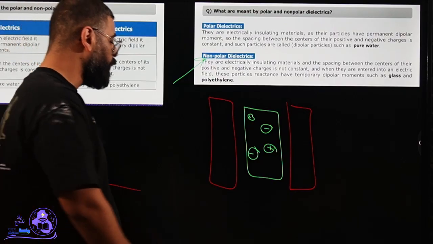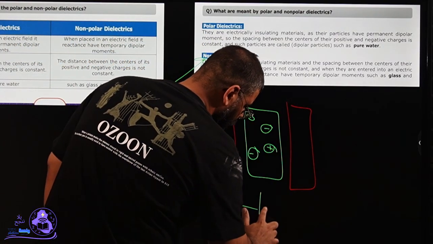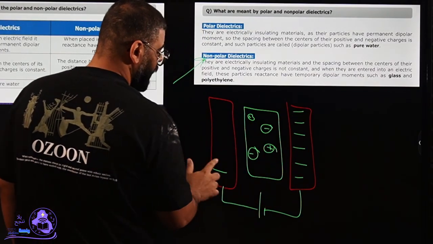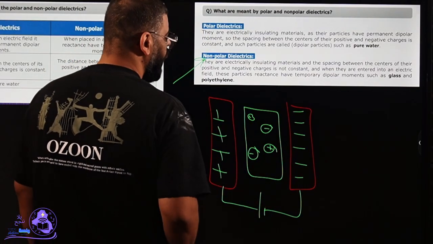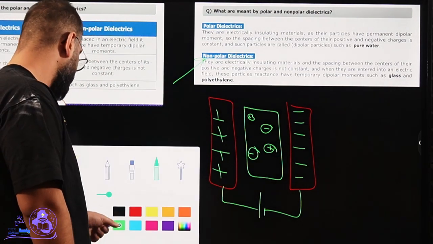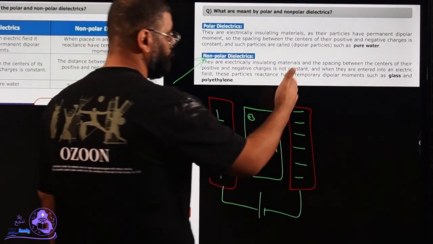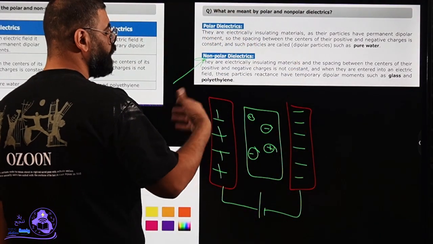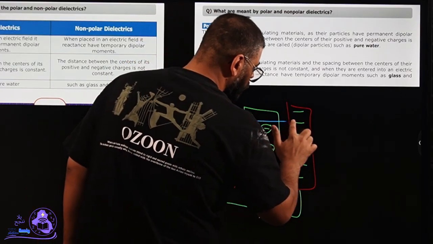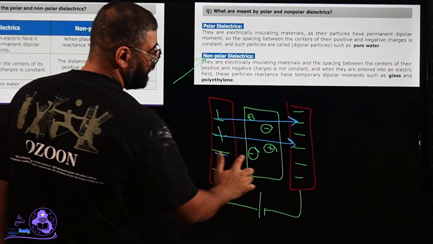And then we know that when we provide it with a power source, this side will be negative and this side will be positive. And whenever there is a side of positive charge and a side of negative charge, there will be an electric field that starts from the positive charge towards the negative charge.